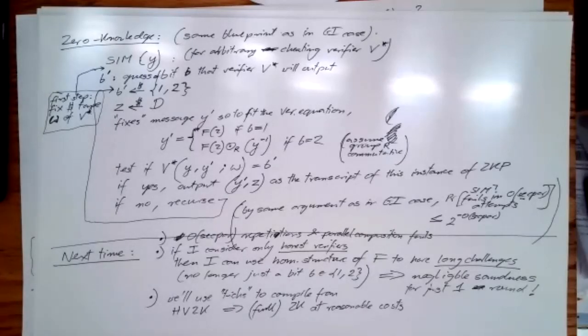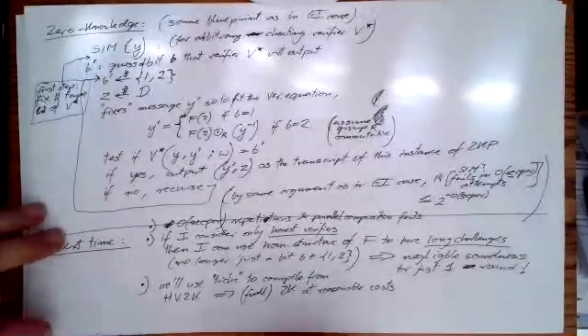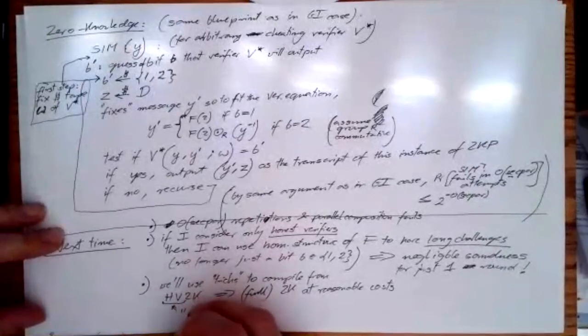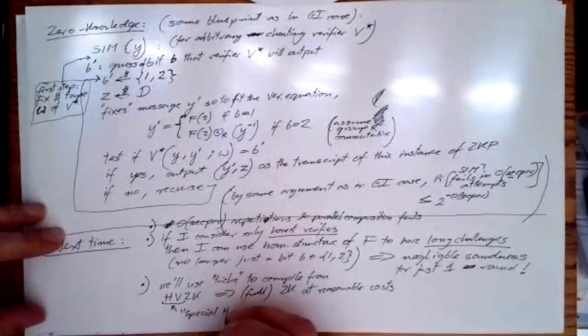So this move from honest verifiers to full zero knowledge, will it work always or just in a specific case? It will work for special HVZK.